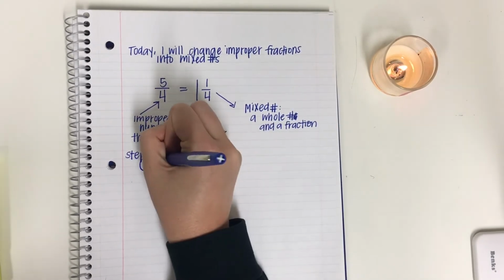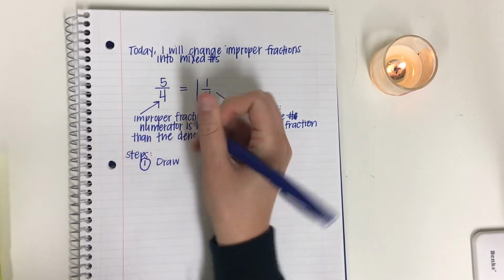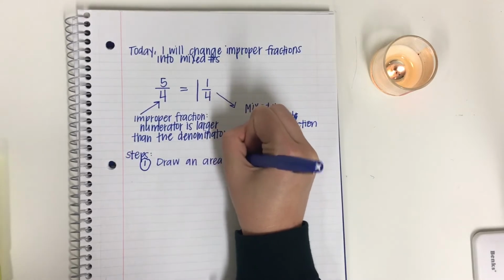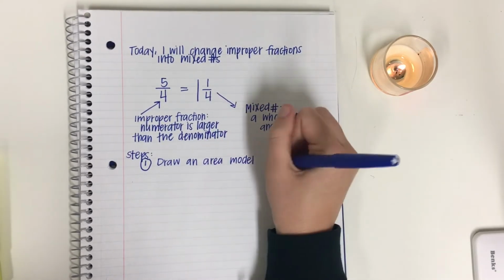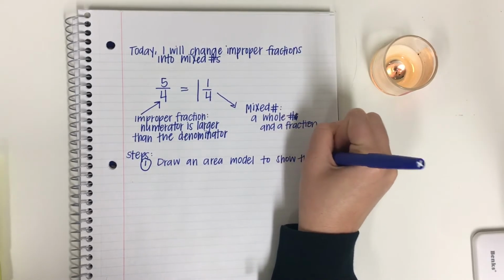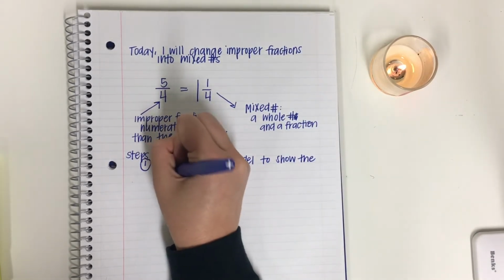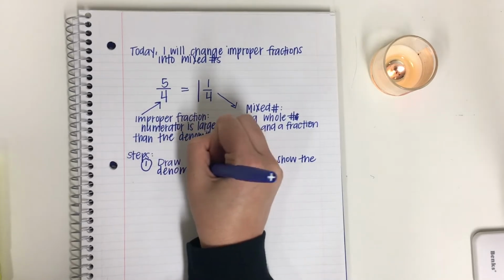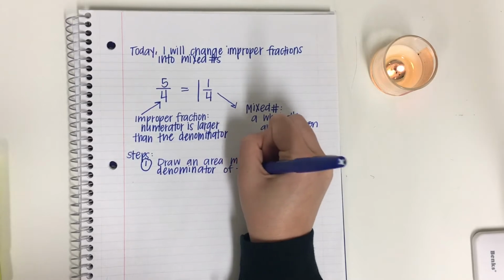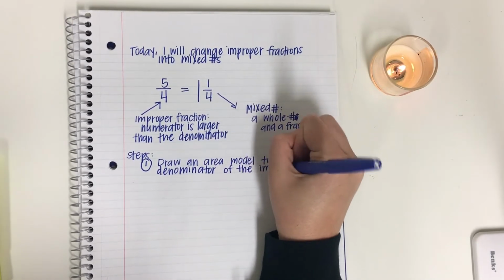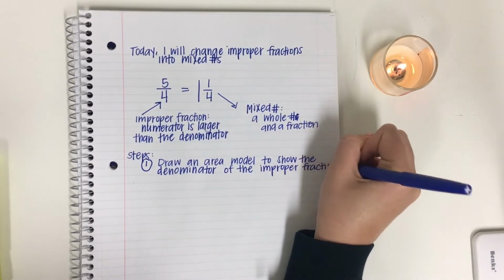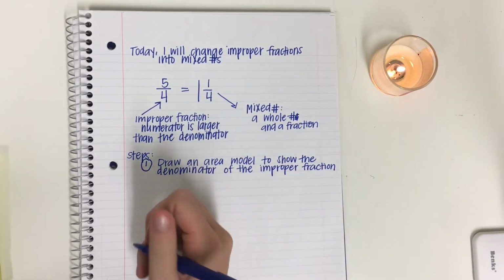Okay, step 1. Draw an area model to show the denominator of the improper fraction. So let's look at an example as we do this.